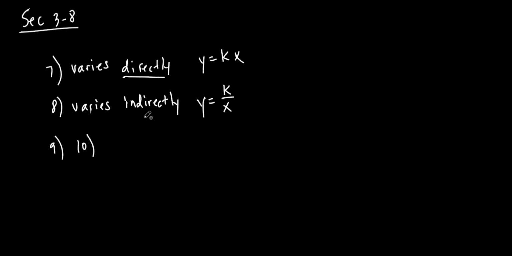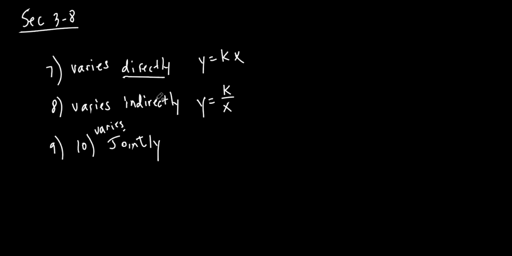And you might have squared in there. One of them has a square, one of them doesn't. All right, so really, this is joint. Varies jointly.